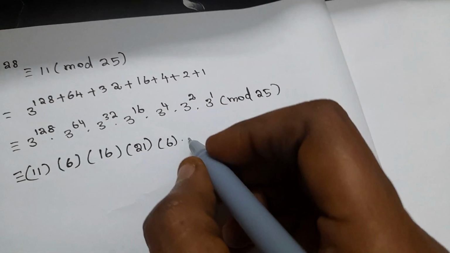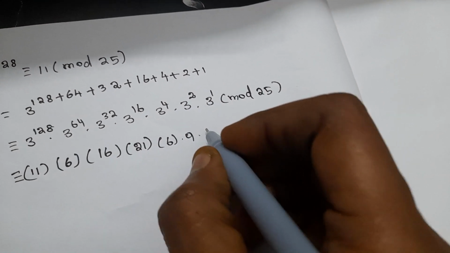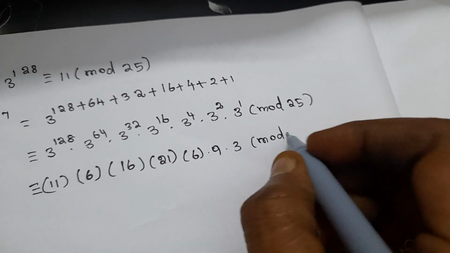And 3 squared value is 9, into 3, mod 25.